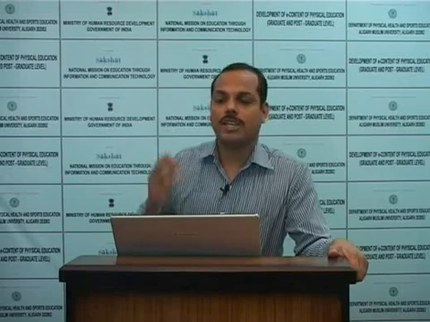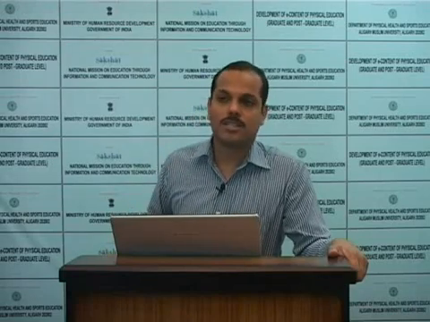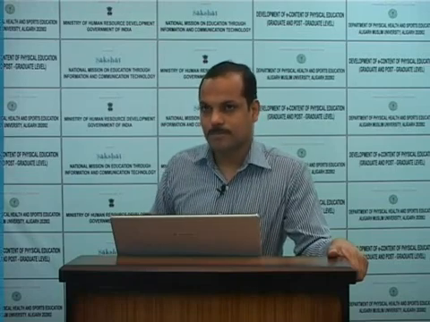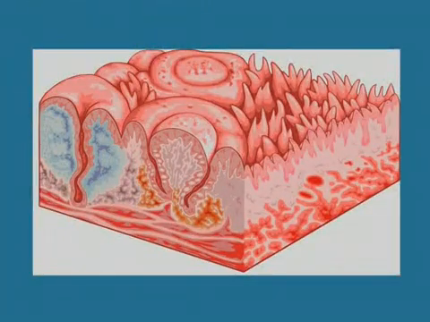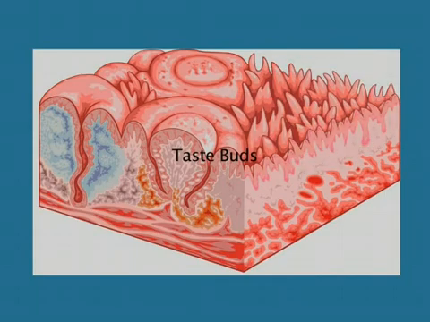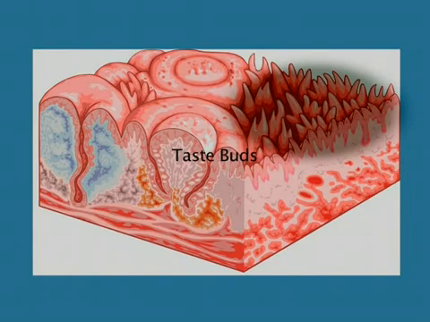And the next special sense is gustation, or taste sensation. For taste sensation, the receptors are present at the taste buds of the dorsum of the tongue. There are two regions, the anterior 2/3 and the posterior 1/3, and the nerves are also different.